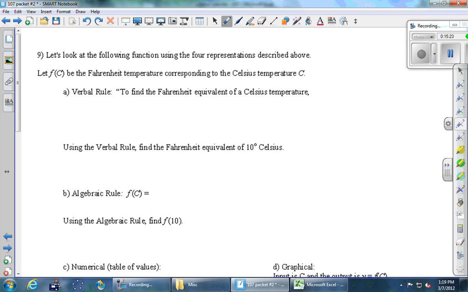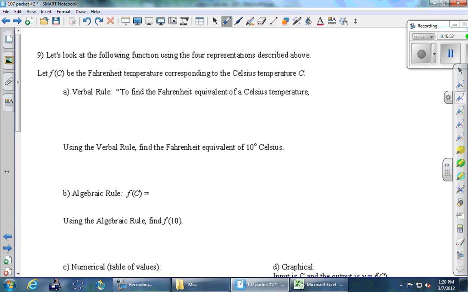So the following function using four representations: let F be Fahrenheit temperature plus Celsius. Okay, let's pause there. Does anybody know the relationship between degrees Fahrenheit and degrees Celsius? If you have a Celsius temperature, do you know how to find the corresponding Fahrenheit temperature? All right, there's a 32 in there.